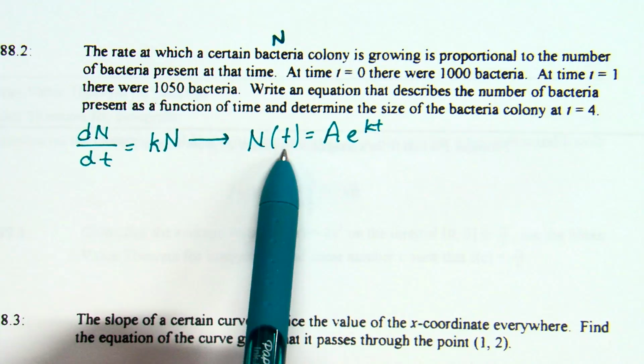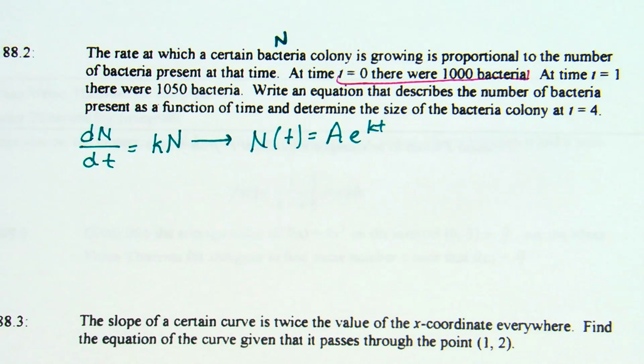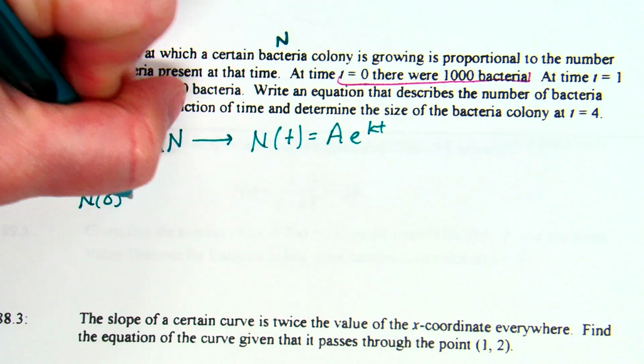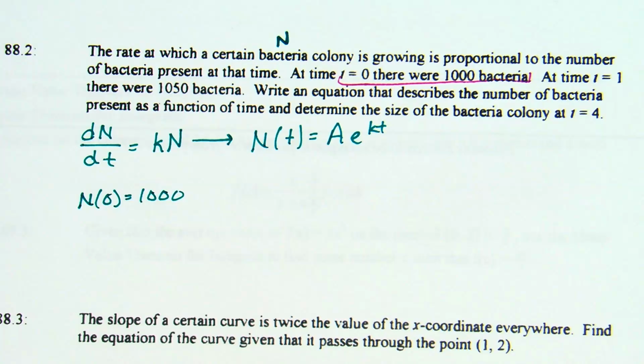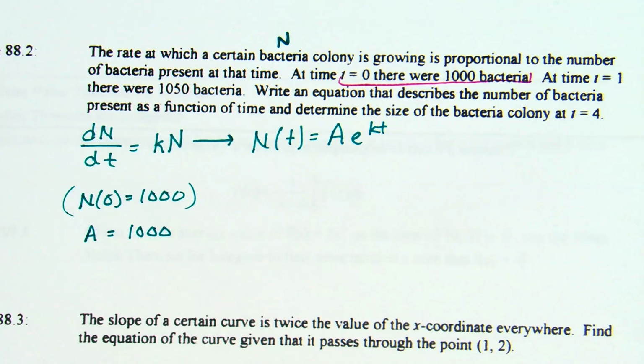Because what are we given? At time 0, there were 1,000 bacteria. So one way to say that is N of 0 equals 1,000, because at time 0 there are 1,000 bacteria. Now, in this particular equation, where is that going to go in? That's your initial value, isn't it? So you could also just say initial value A is 1,000.